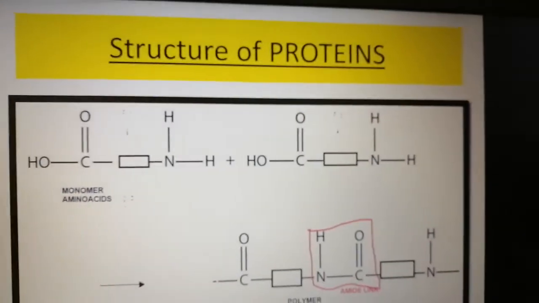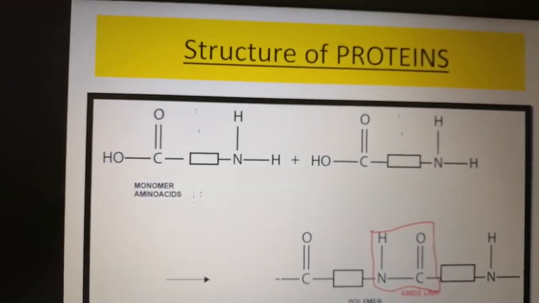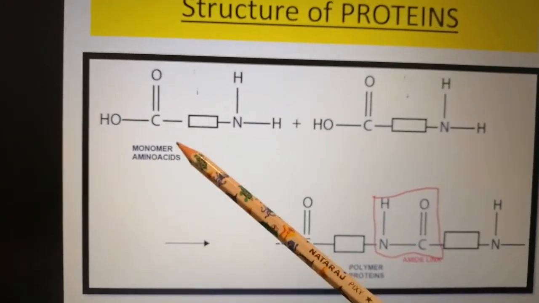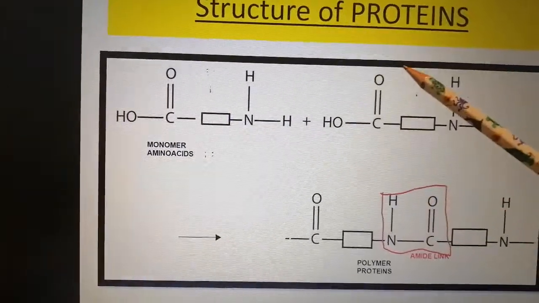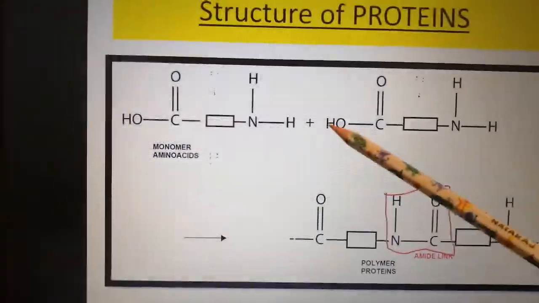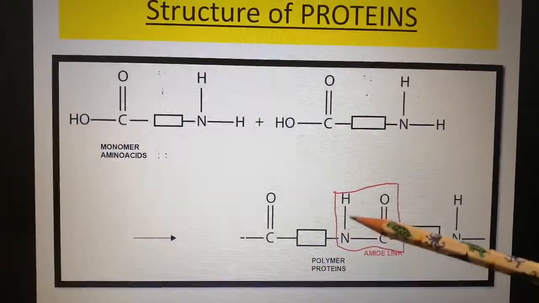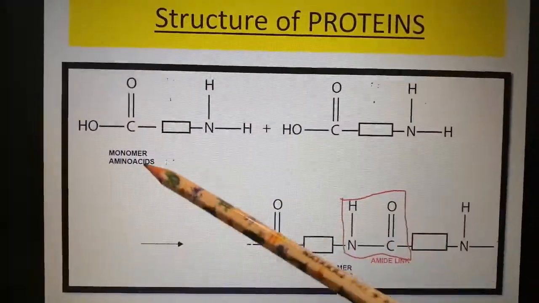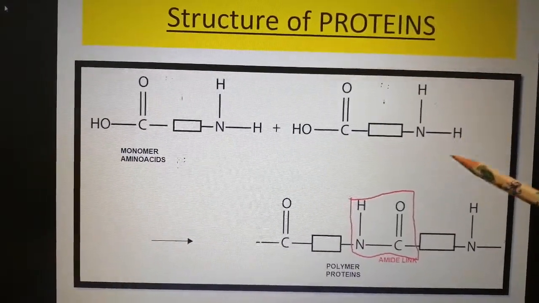Next, how are we going to write the structure of protein? See, I wrote here COOH in the displayed form and NH2 in the displayed form. So you can understand that this OH and this H are removed as water. Just connect it, and imagine this OH is removed and this H is removed.